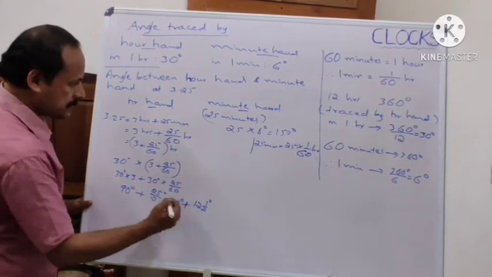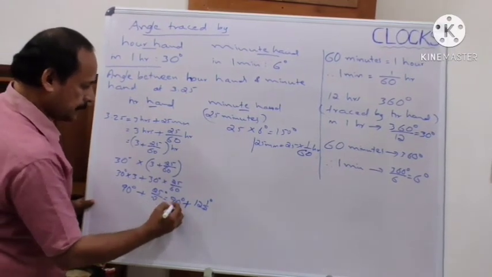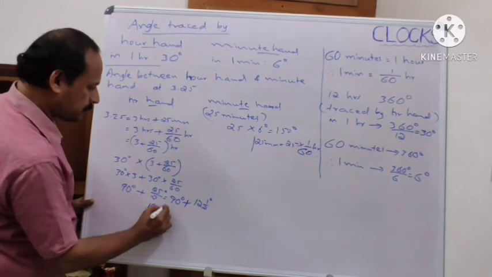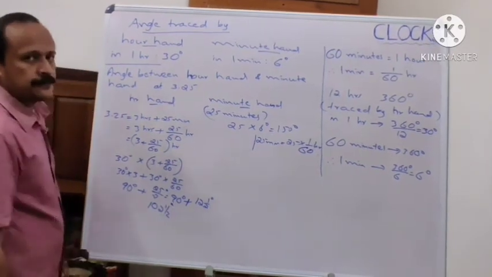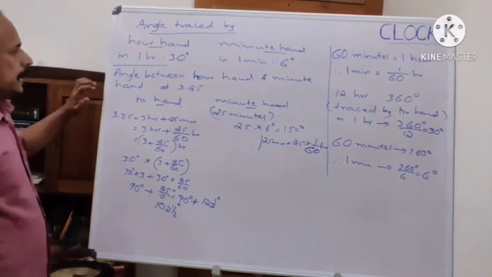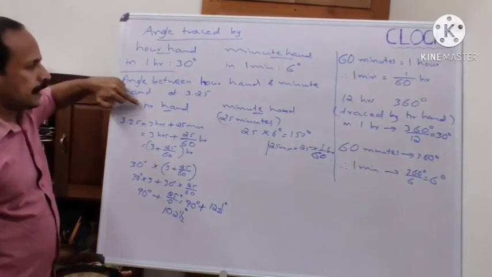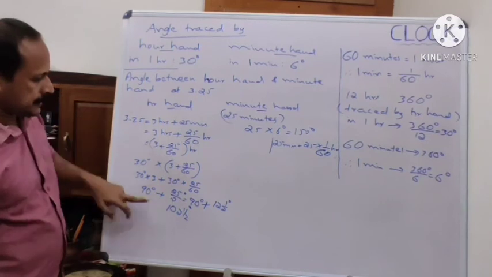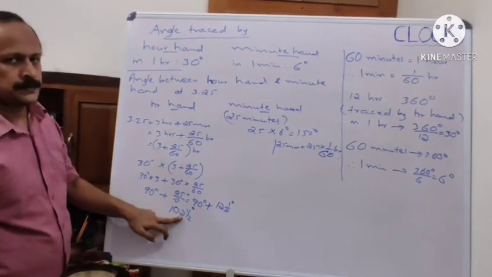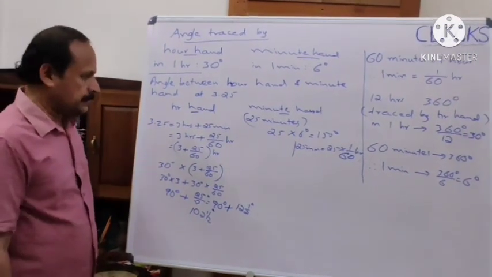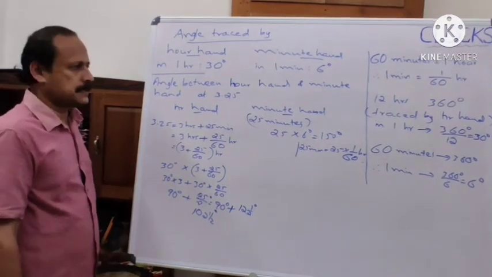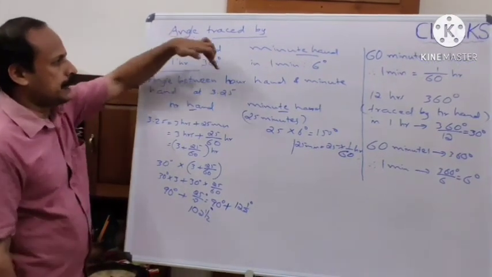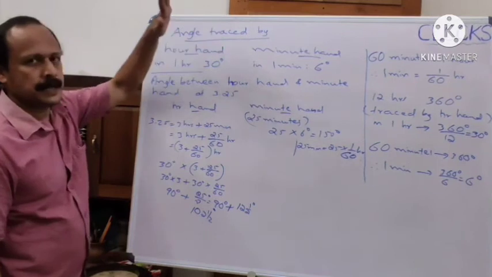Totally this is 102.5 degrees. Thus, angle traced by hour hand at this time is 102.5 degrees.